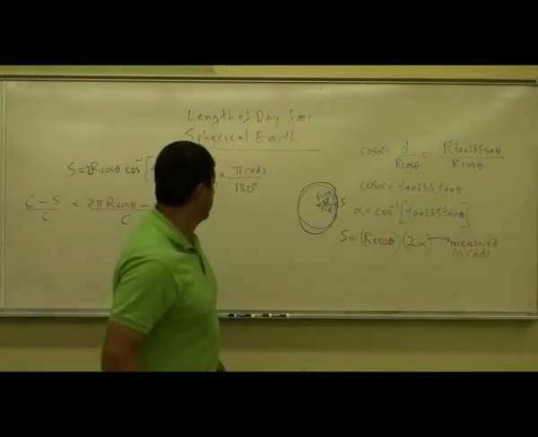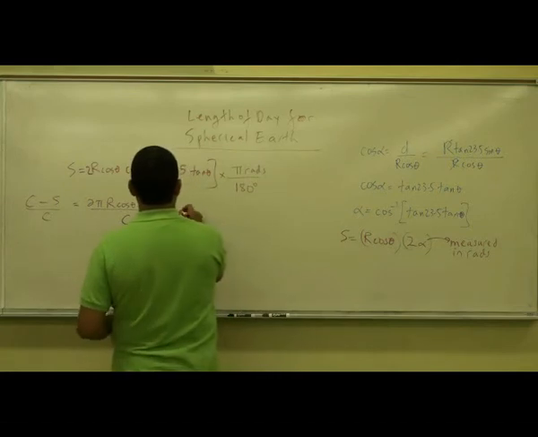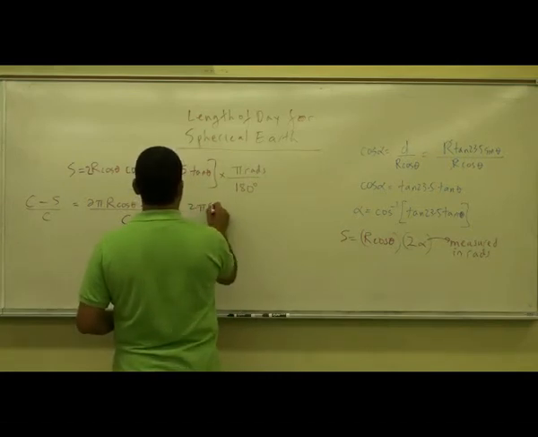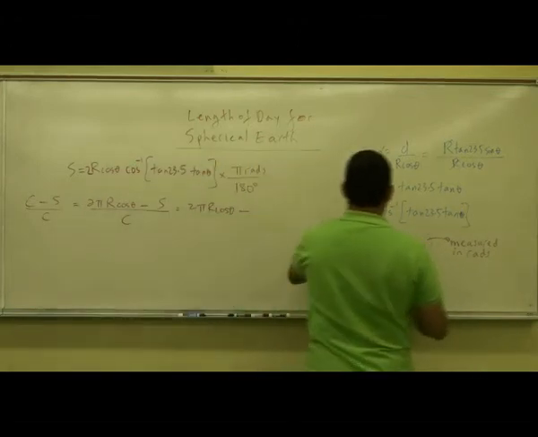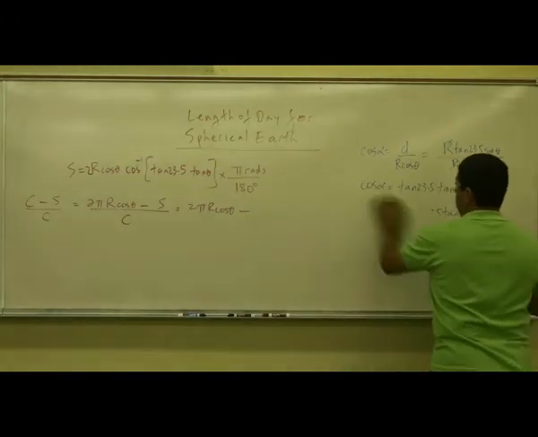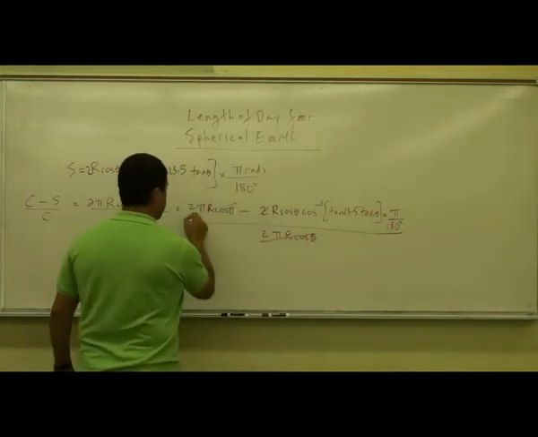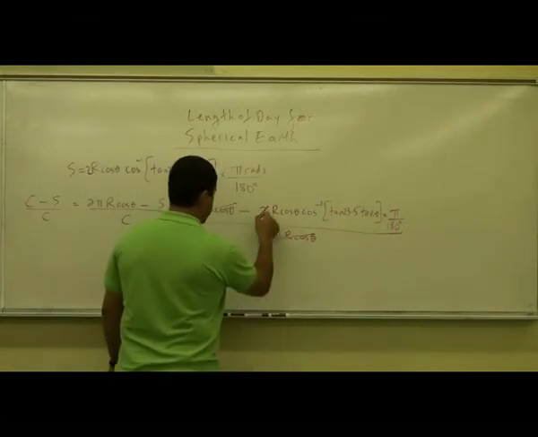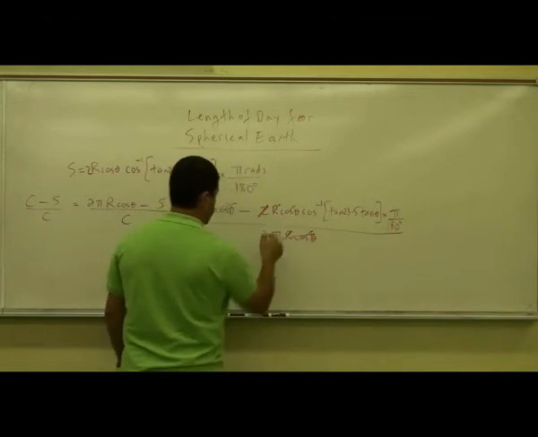Okay? So what do we get by that? And then we're going to get 2 pi r cos theta minus this whole thing. Okay, so when we divide them, what do we get? Well, this whole thing cancels with this whole thing. The 2 cancels the 2. The r cancels the r. The cosine theta cancels the cosine theta.